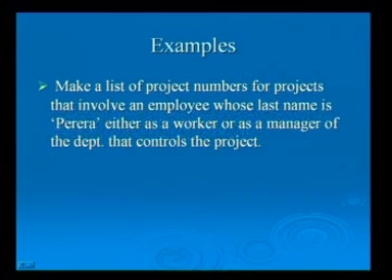First, you have to list the project numbers for projects that involve an employee whose last name is Pereira as a worker, and the other would be where the last name is Pereira as a manager of the department that controls the project.